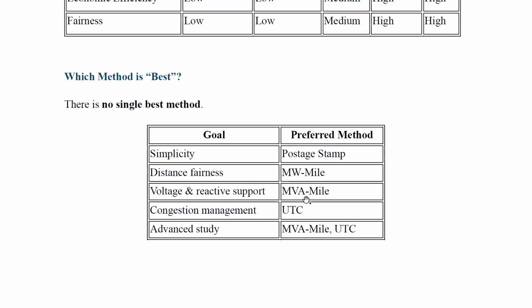For the MVA mile method, voltage and reactive support is there. For the unused transmission capacity method, congestion management is the main thing. The MVA mile method and UTC both have advanced studies, but that's why it is better to go for a hybrid and utilize the advanced studies. So this is the comparison.